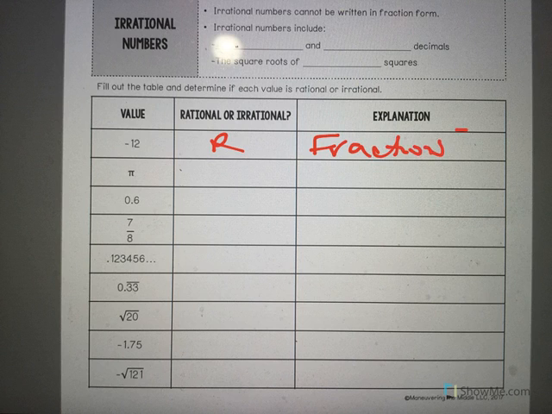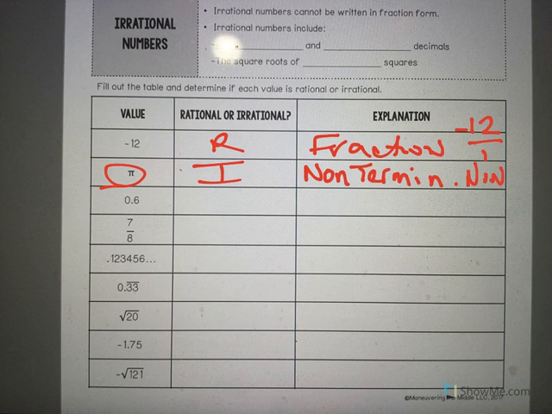Negative 12 over 1. Here's the famous pi. Remember, pi goes 3.14, and on and on. So that's irrational because it never ends, so we call that non-terminating, and it's non-repeating.